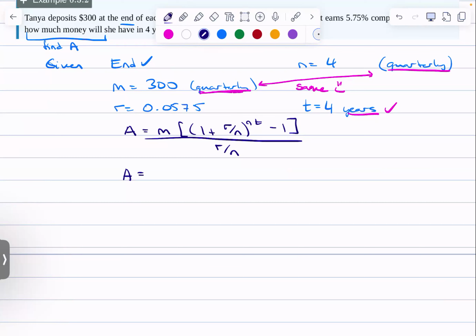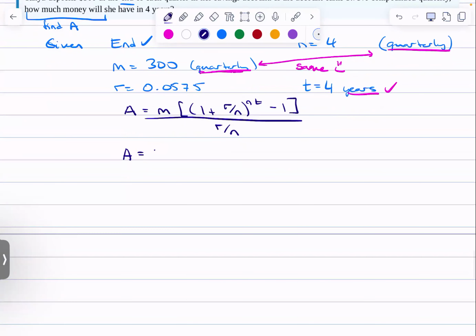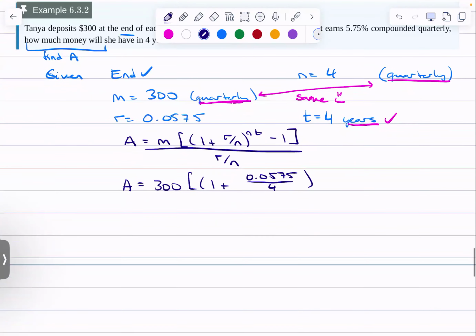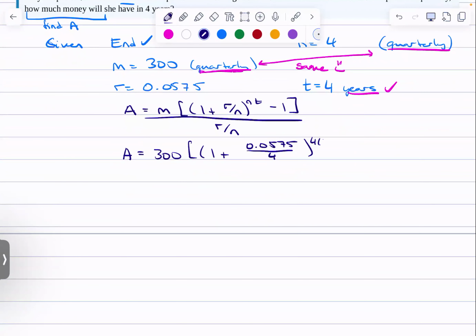Okay. Now it's a matter of just plugging in the values. Right? And so we have M is $300 times 1 plus 0.0575 divided by 4 to the power of 4 times 4, then minus 1 divided by 0.0575 divided by 4.